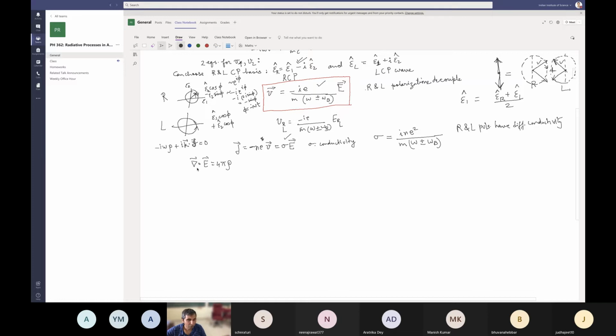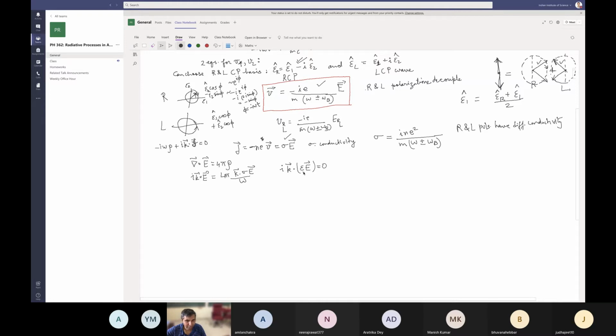So this is i k dot E is equal to 4 pi rho, which is just k dot j by omega, and j is nothing but sigma E. So what do we get? We get i k dot epsilon E is equal to 0.